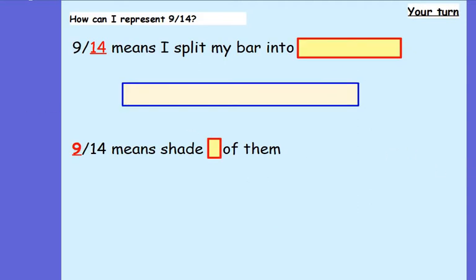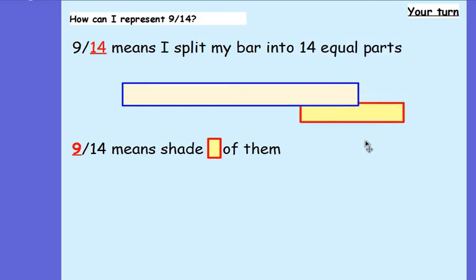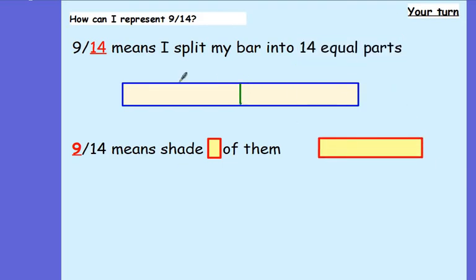Have a go at this one for me. Pause the video in your light blue books. Show me 9/14. Let's go through the answer. We need 14 equal parts this time, just as before. 1 up to 14.